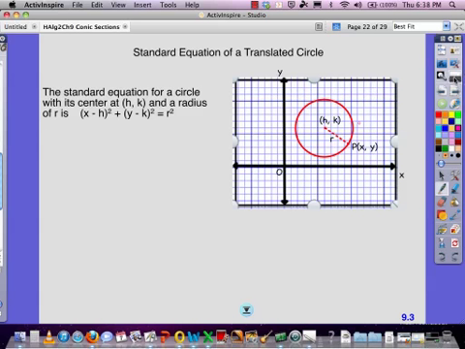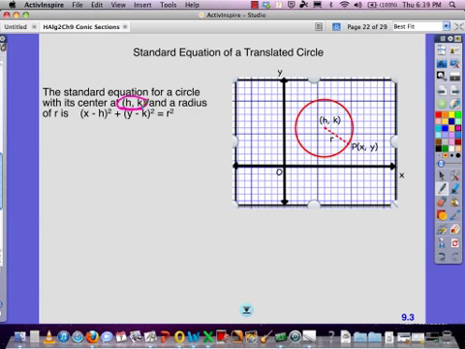If we now take our circle, just like our other shapes, and translate it, which we know is a slide in any direction or any combination, it could be just left, just right, just up, or just down. We would get a new center, and we've been calling that new center h, k, no matter what we've been working with, whether it's translating a line, a parabola, all of these different things.